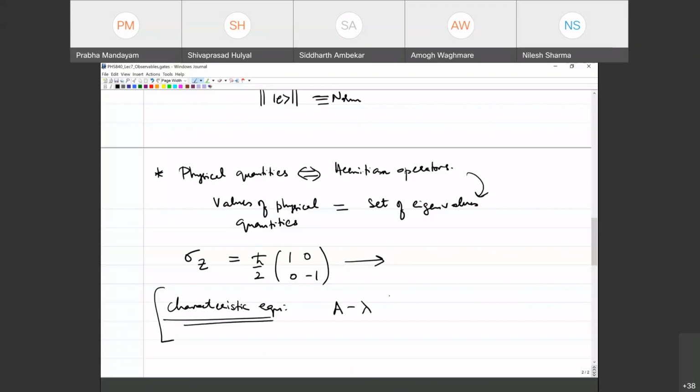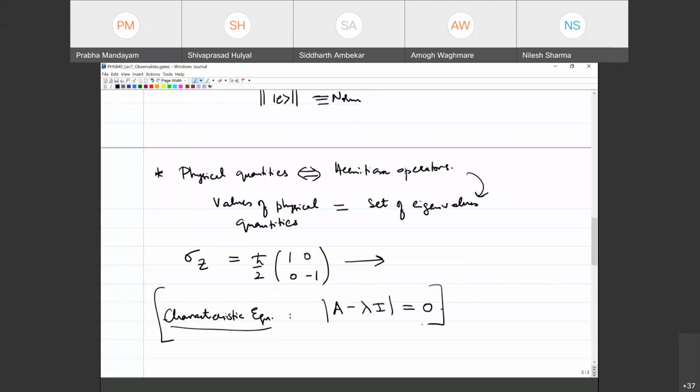The determinant of A minus lambda I is 0. This is also called the Cayley-Hamilton equation, or anyway, there's a characteristic equation to calculate the eigenvalues of a matrix.